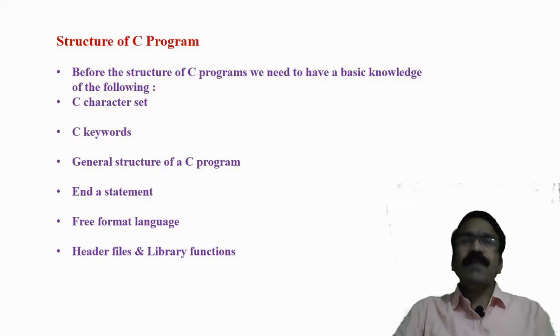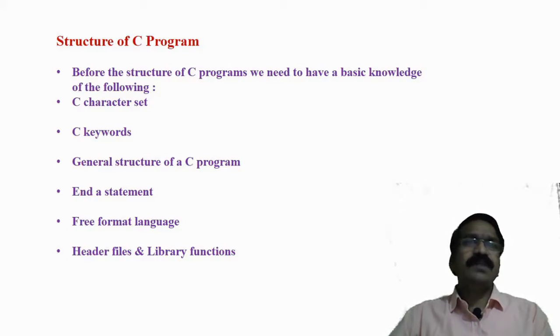Let's see one by one what character set is used, what keywords are used, what the general structure of the C program is, how a statement ends, the format of the language, and what header files and library functions are used in C. We will see these one by one in today's lecture.